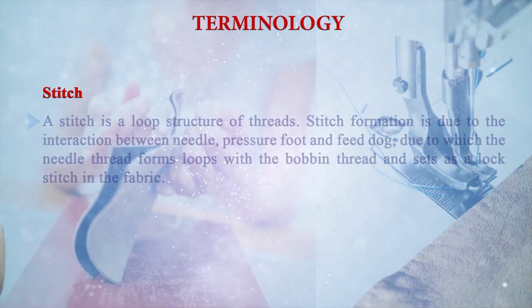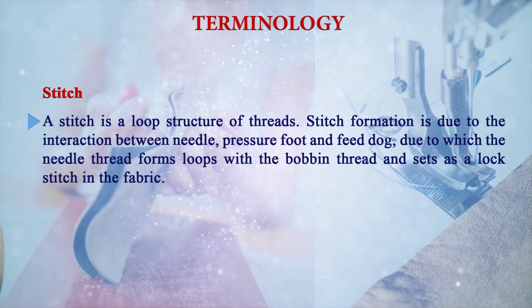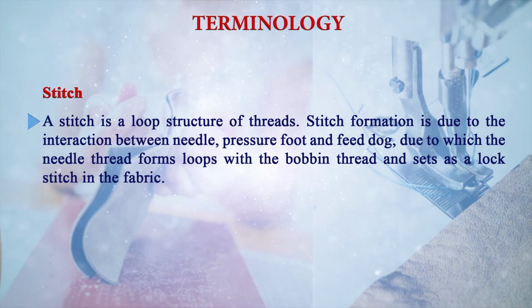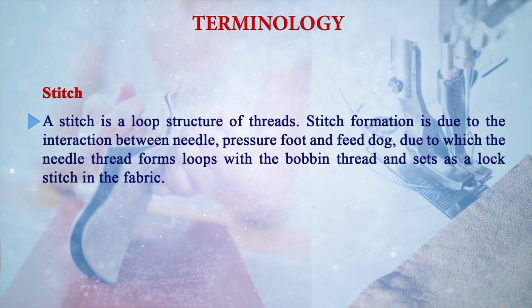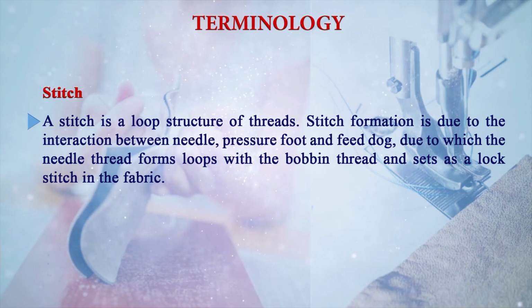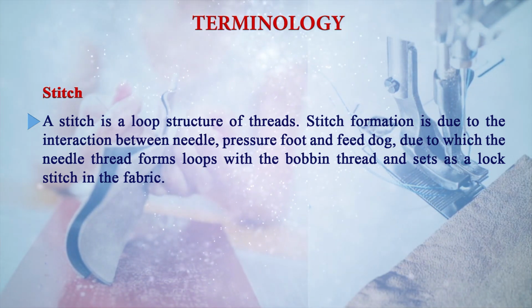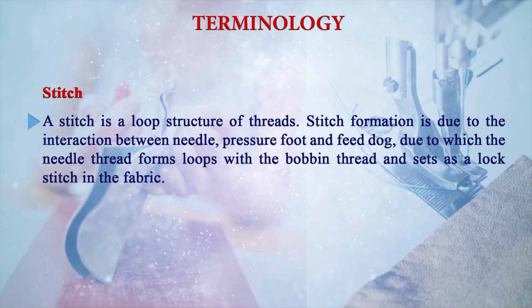As we have discussed in the activity on basic hand stitches, stitch and seam are different terms. A stitch is a loop structure of threads, which we can make by hand stitches or machine stitches.